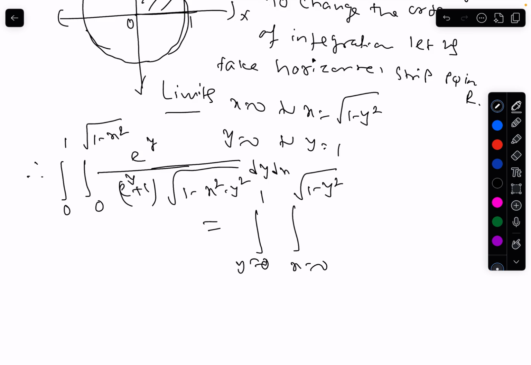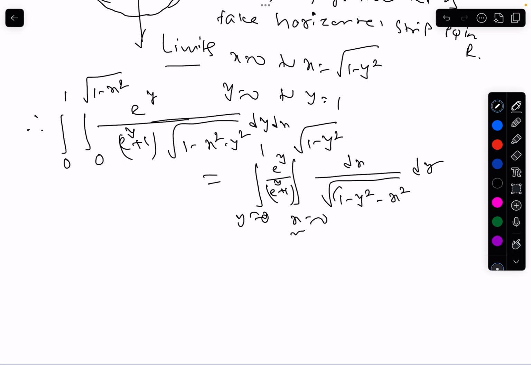Now we'll integrate first with respect to x. So this y is constant. E power y over e power y plus 1 is constant. This is dx over root 1 minus y square minus x square.